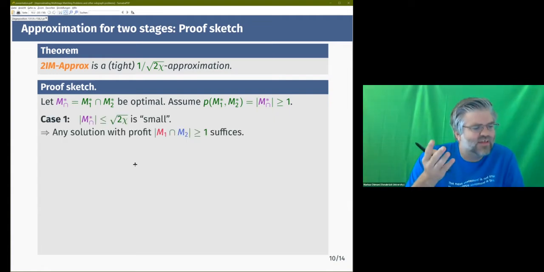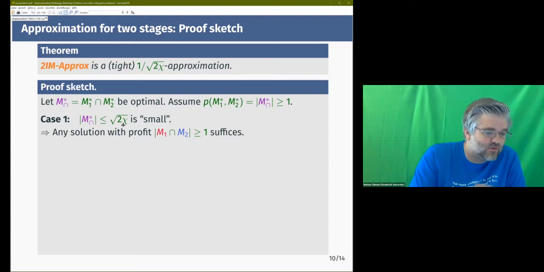And we can now distinguish whether this optimal solution is large or small. If the optimal solution is small, less than the square root of 2 chi, then any solution which has one edge in common already attains the approximation ratio. We can trivially achieve that with our algorithm, so there's nothing to prove in that case, really.